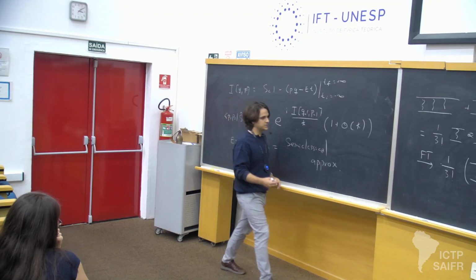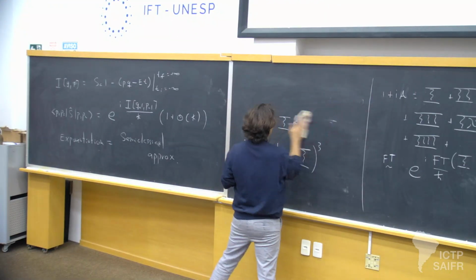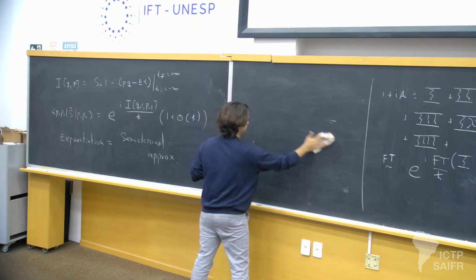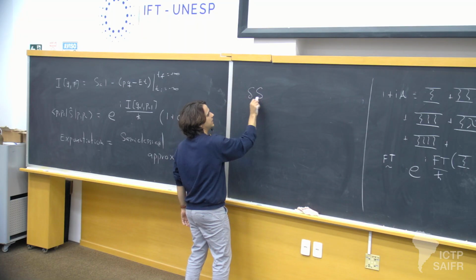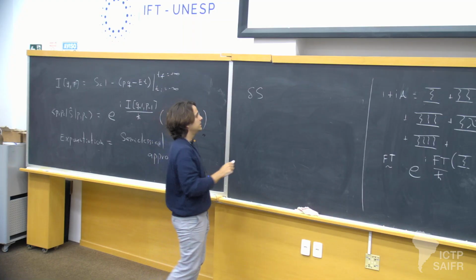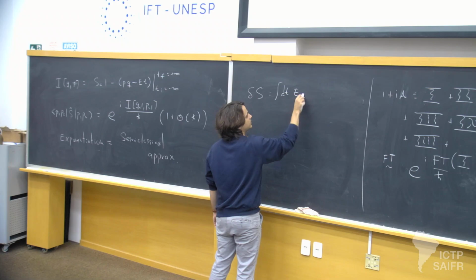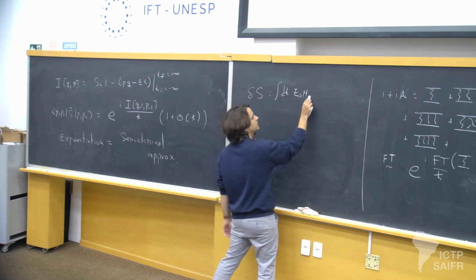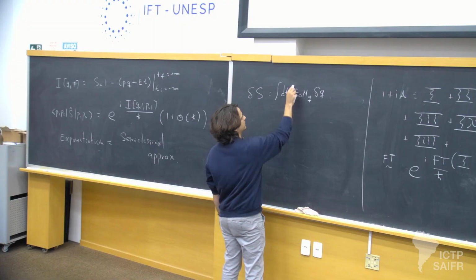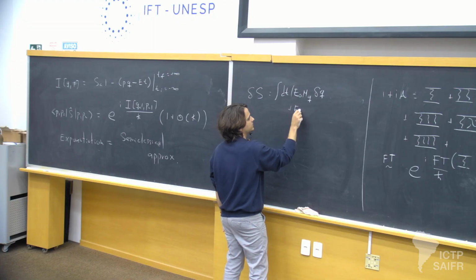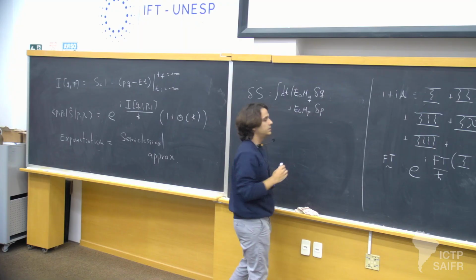Let me just go very quickly over it. If I take the usual action that I wrote there, and I do the variation of the usual action with respect to P and Q, what am I going to get? I'm going to get dt, the equations of motion of Q, dq, plus the equations of motion of P, dp.